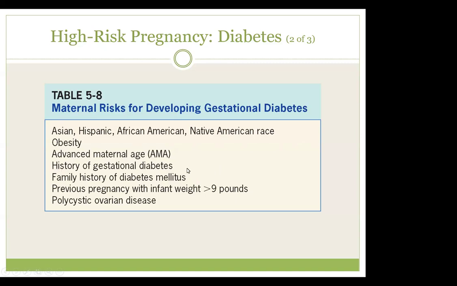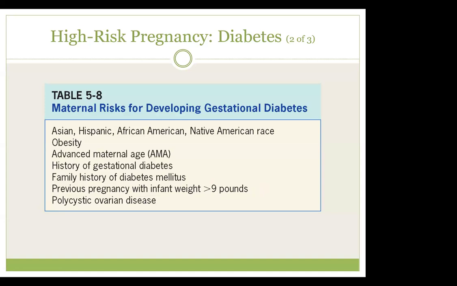Now, I will tell you this isn't always true because my sister had gestational diabetes with her first and did not with her second. That's why they test all mothers. They screen them all. If you have a family history of diabetes mellitus or type 1 diabetes, previous pregnancy with an infant weighing greater than 9 pounds. So even if you weren't diagnosed with gestational diabetes, there's a chance you maybe had it because you had such a large baby.